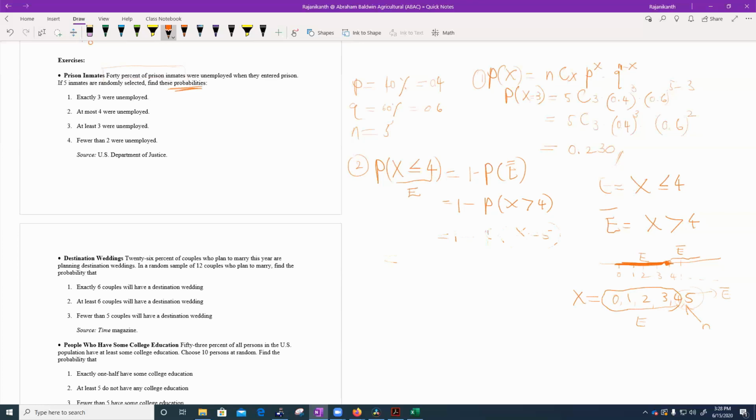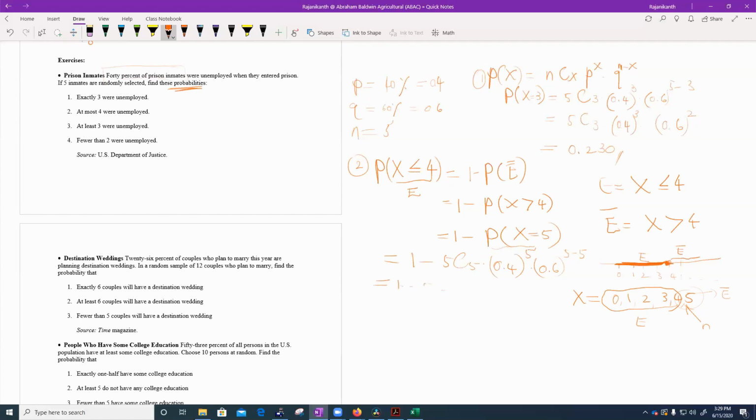So now use the probability distribution formula P of x again, plugging in x as 5, and plugging in all the values. Now x is 5, n is also 5. Therefore, n choose x is 5 choose 5, and the little p is going to be again the same as in the problem we are doing, so 0.4 to the power 5, and q is 0.6 to the power of n minus x, which is 5 minus 5.